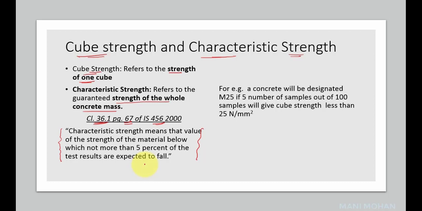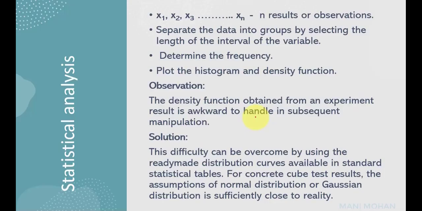It means that 5 samples out of 100 will have strength less than the characteristic strength. For example, a concrete will be designated M25 if there are 5 samples whose strength is less than 25 Newton per mm square when the test is conducted on 100 samples.